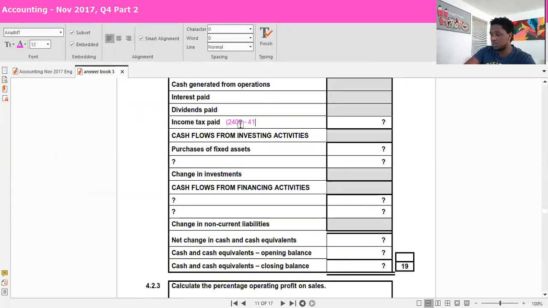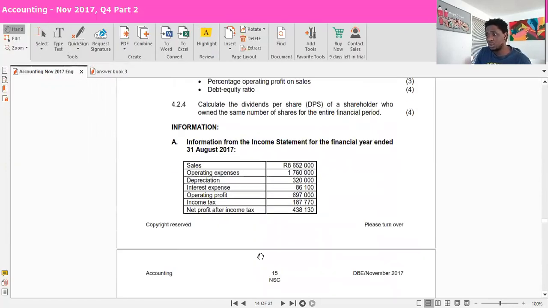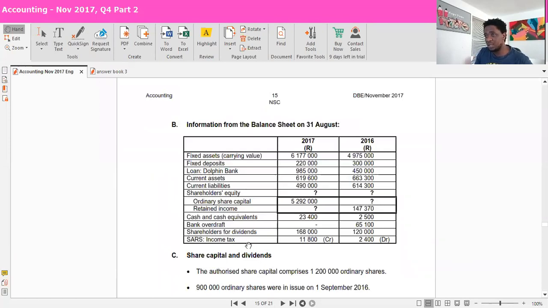So we'll subtract 187,770, and then after that we look at the amount that is then owed, whether by SARS or by the business, at the end of the year. At the end of the year, it shows that SARS income tax is a credit balance. In other words, it's a liability, and the business owes taxes to SARS of 11,800.